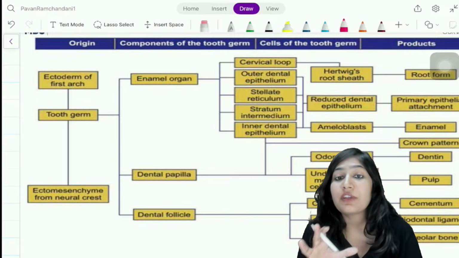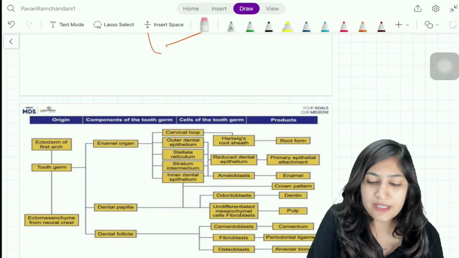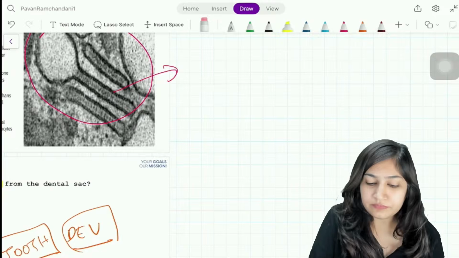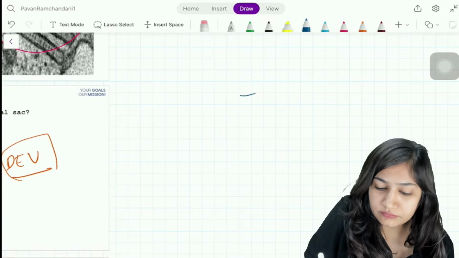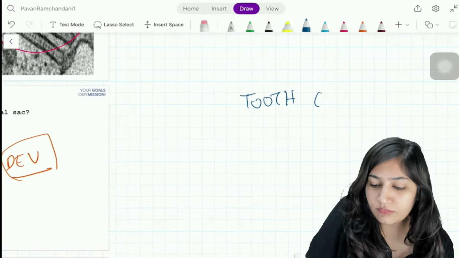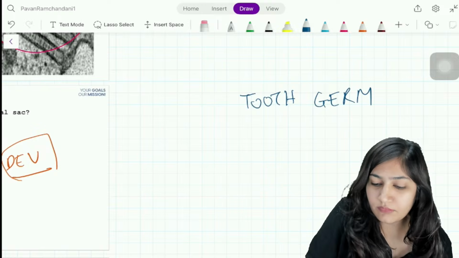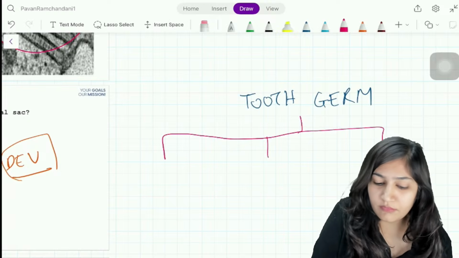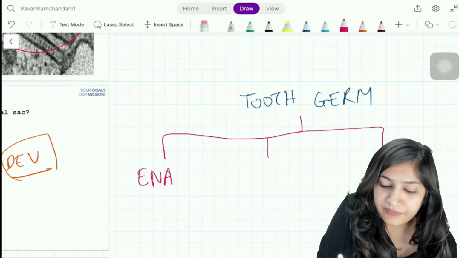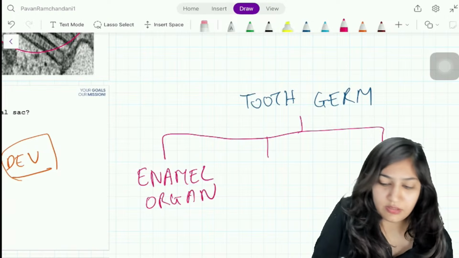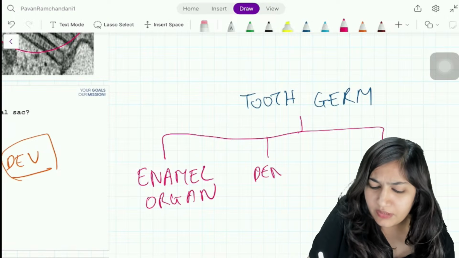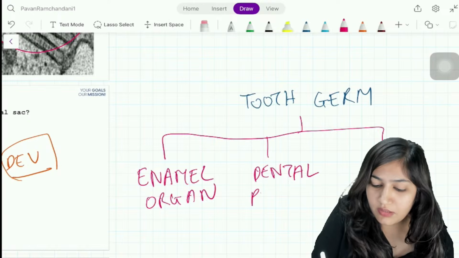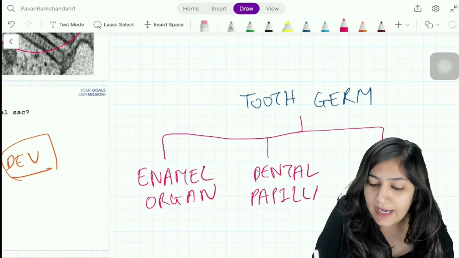Tooth germ has 3 parts. Which are the 3 parts of the tooth germ? Enamel organ, dental papilla, and dental sac.